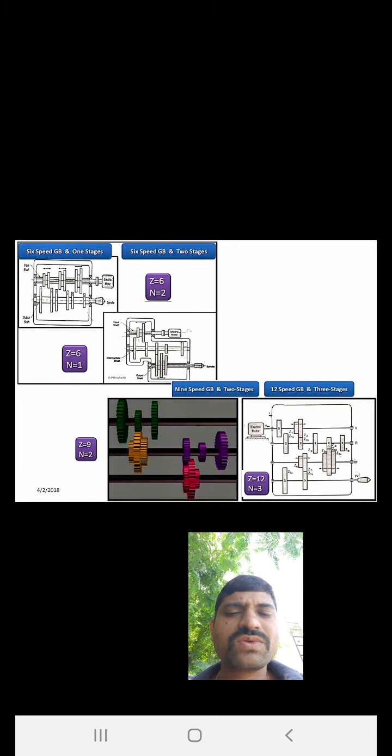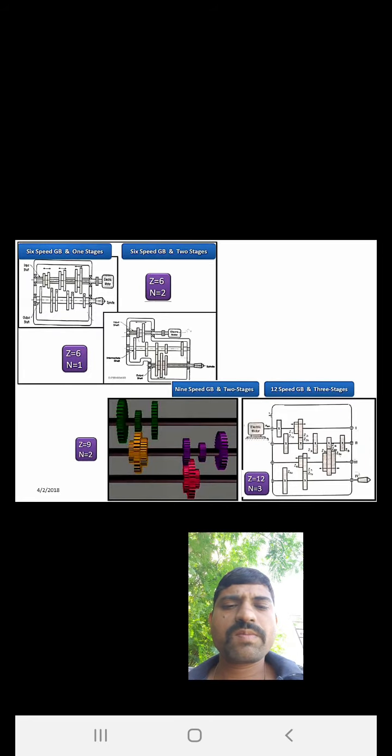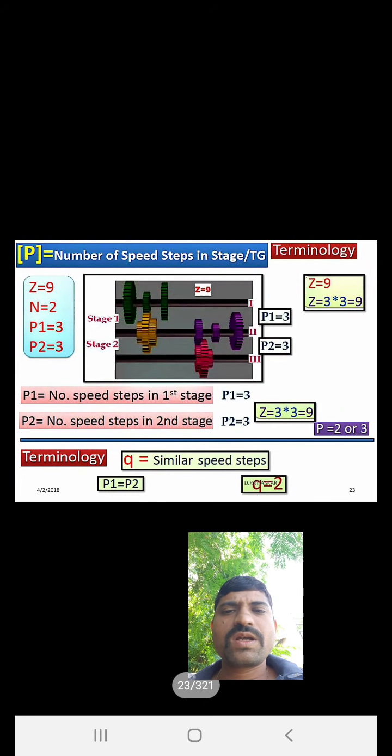These are attached to the spindle. Remember that at the output shaft, a minimum number of gears is required. Okay, remember that.